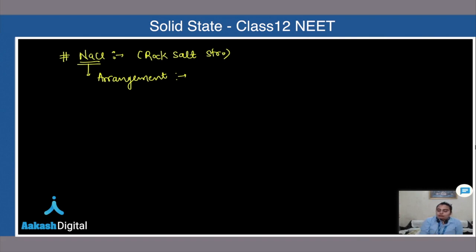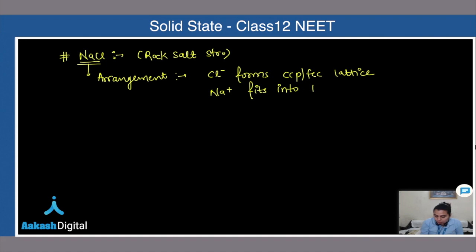In this kind of structure, just see here, Cl negative forms a CCP or FCC type of lattice, and my Na positive fits into the octahedral voids.